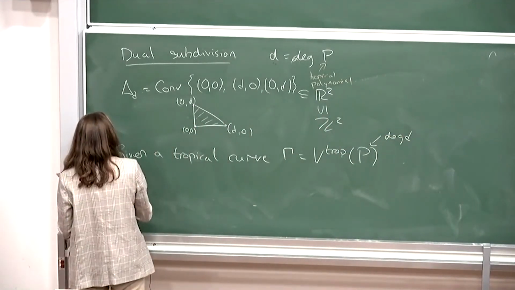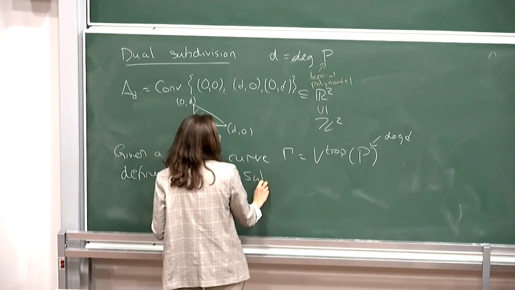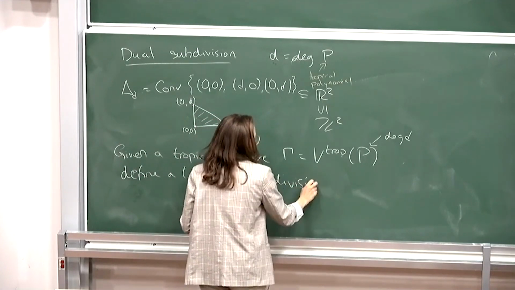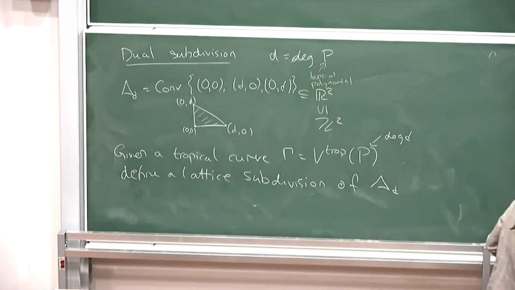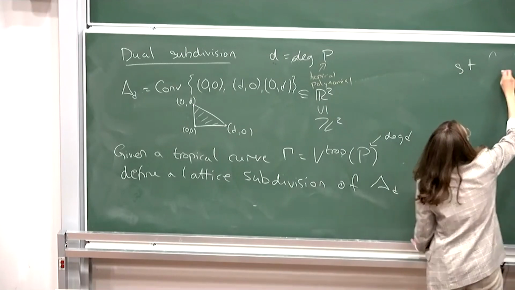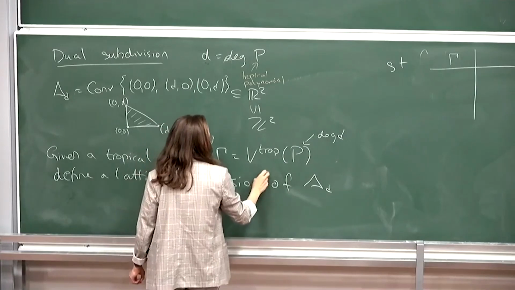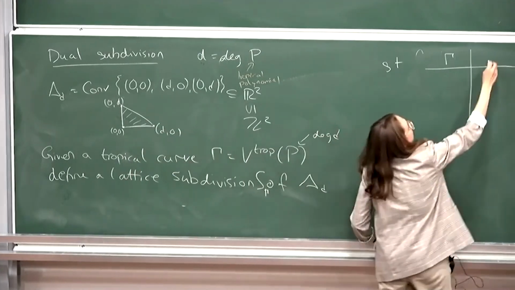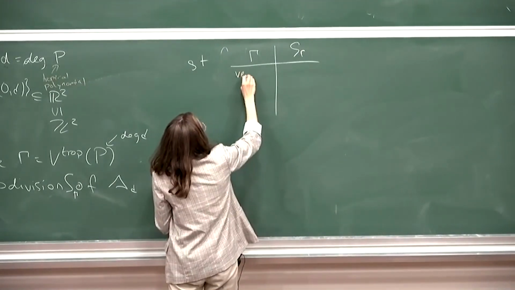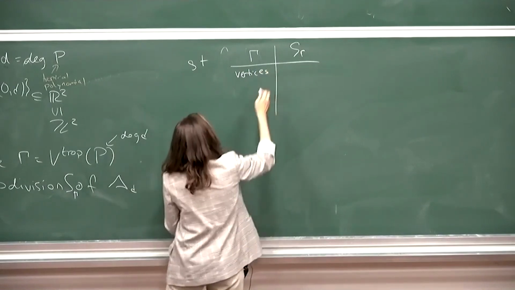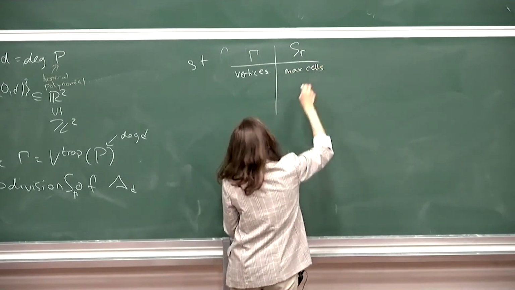then we can define a lattice subdivision of delta d in the following way. If I have my tropical curve here, let's call this subdivision S gamma. And I want that the vertices correspond to maximal cells of my lattice subdivision.